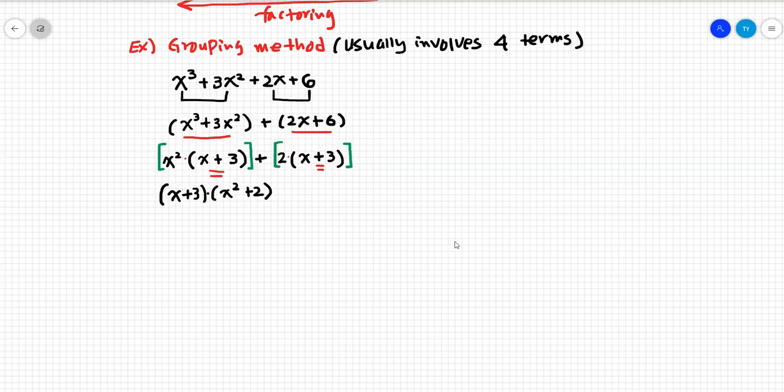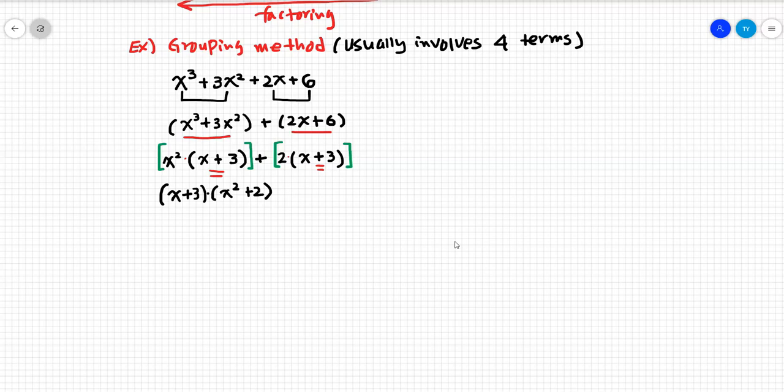It's always going to be the first 2 and the last 2. Not necessarily. You're always going to have to try it, because sometimes if you pair the first 2, it may not work. So sometimes you're going to have to pair the first one and the third one, or the first and the fourth one. You're just going to have to try, okay? And if it doesn't work, then you're going to have to try the other way, okay? So that's going to be the key thing here.